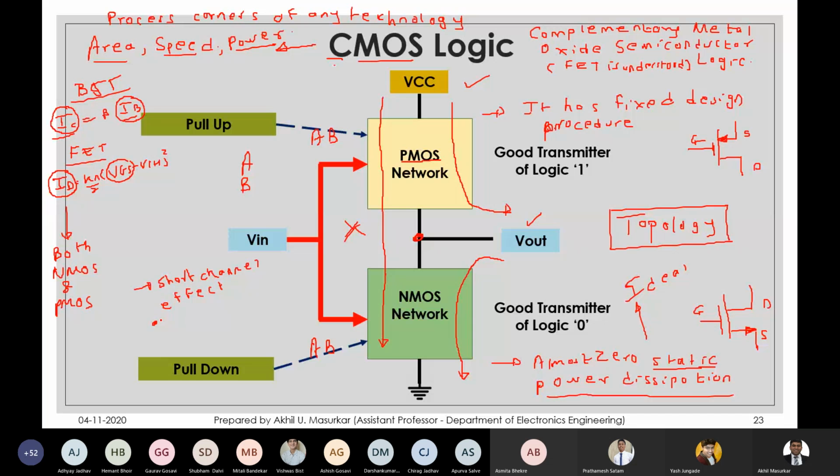But if the transistors are slightly bigger in size, then these short channel effects will be minimal or zero, and in that case we can achieve zero static power dissipation, at the cost of area, but that is fine sometimes. Please copy this block diagram, and if you have doubts, unmute and ask.